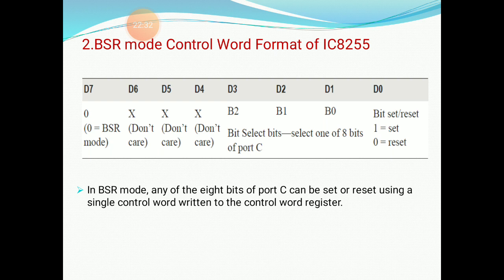These three bits are used to select any one of the bits of port C. The D0 bit may be either 1 or 0. If it is 1, set; if 0, reset. In BSR mode, any one of the 8 bits of port C can be set or reset by using a single control word written to the control word register of the 8255.